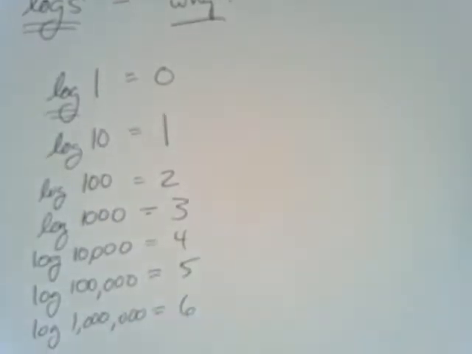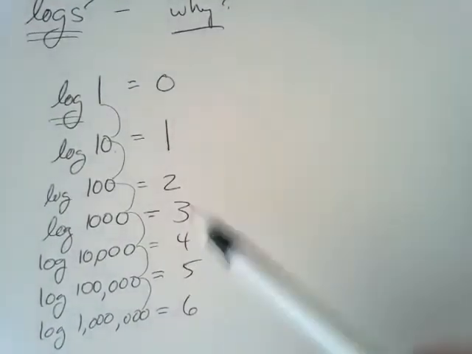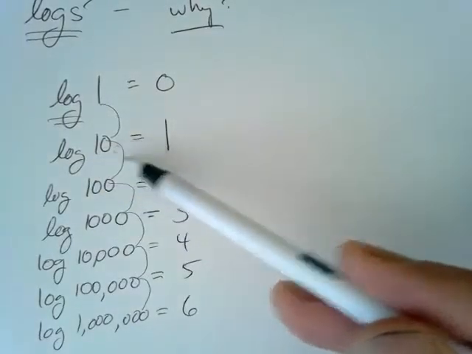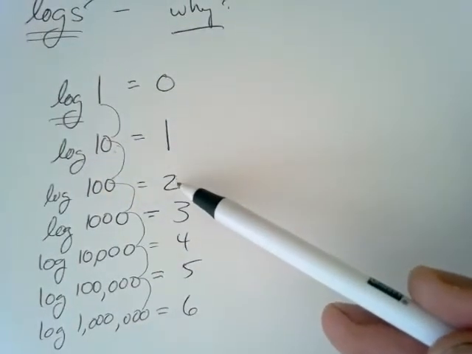Now, notice what's happening here. The number inside the log is going up by a factor of 10, which we also call an order of magnitude. So when we go up by a factor of 10 or up by an order of magnitude, the log of that is only going up by 1.